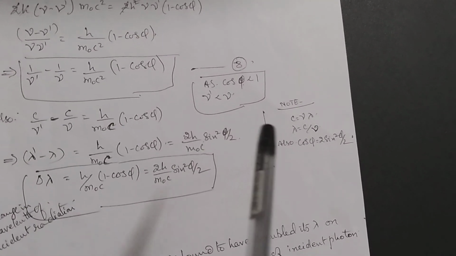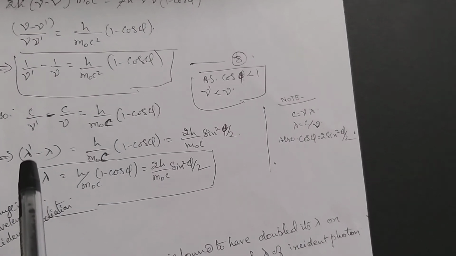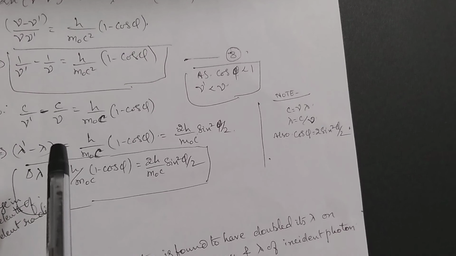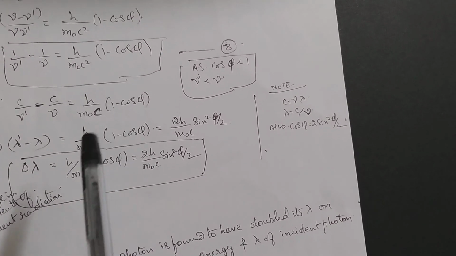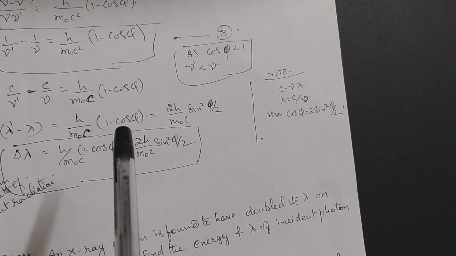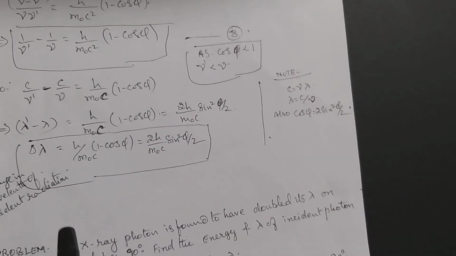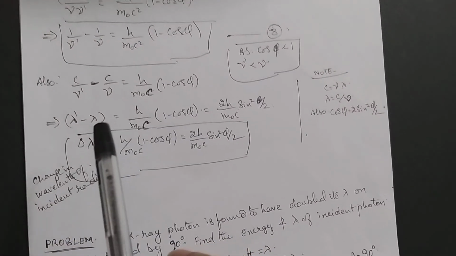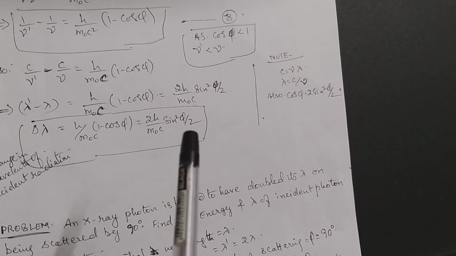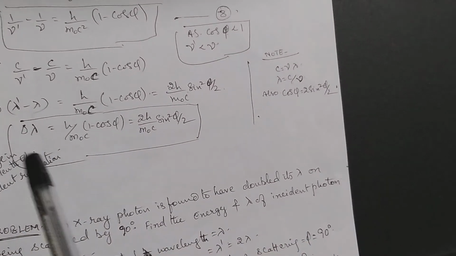In the note I have given c by nu dashed is lambda dashed, and c by nu is lambda. So the difference in wavelength is given by this formula. Also, 1 minus cos theta is 2 sin square theta by 2, so that formula has been used here. So this is your change in wavelength of the incident radiation, and it gives you the Compton effect.